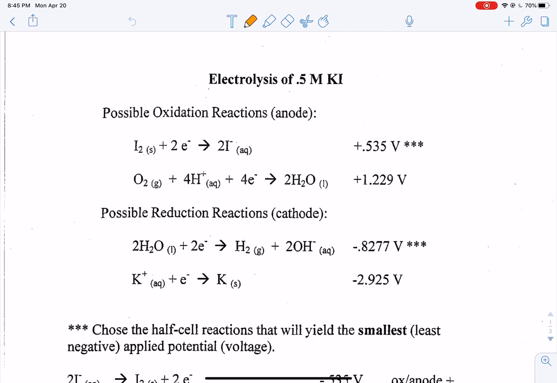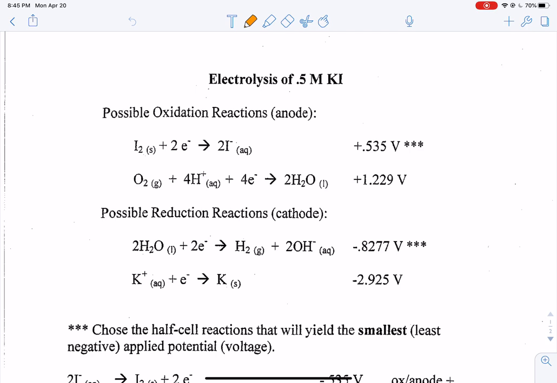So the question is which oxidation reaction will occur at the anode and which reduction reaction will occur at the cathode. Now remember that we are providing the electricity to make a non-spontaneous reaction happen.